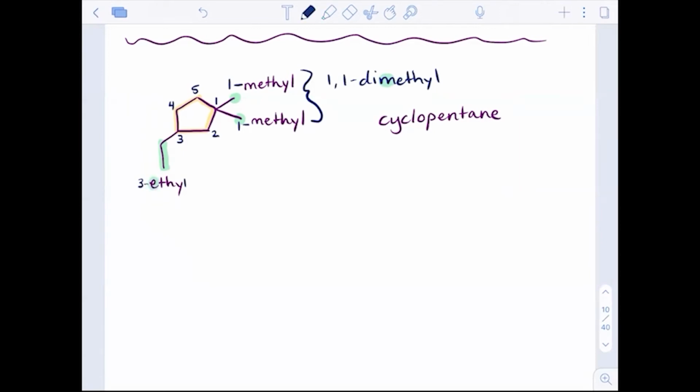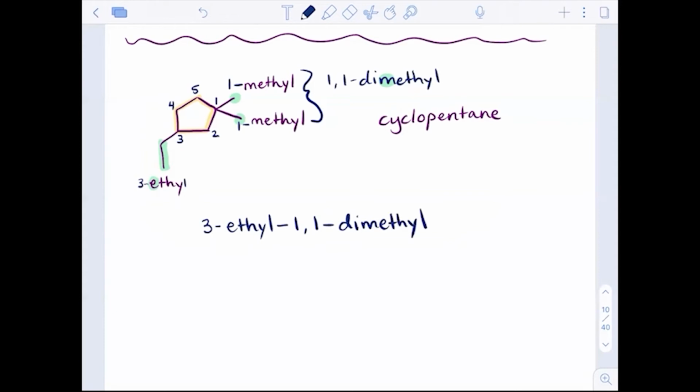So when assembling, start with the substituents, 3 ethyl, 1,1 dimethyl.